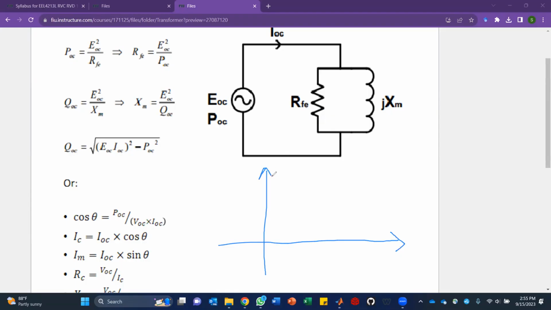I will not draw it entirely, but you will get some idea. There is a current circulating here, and a current through this resistance and this inductance. The name of this current is IR, say, for example, and this is IX.